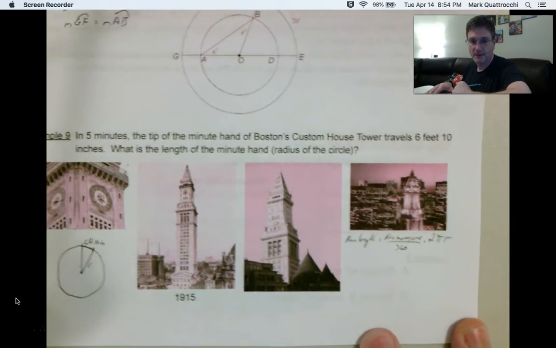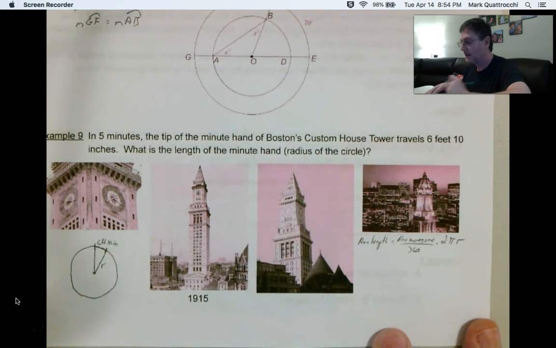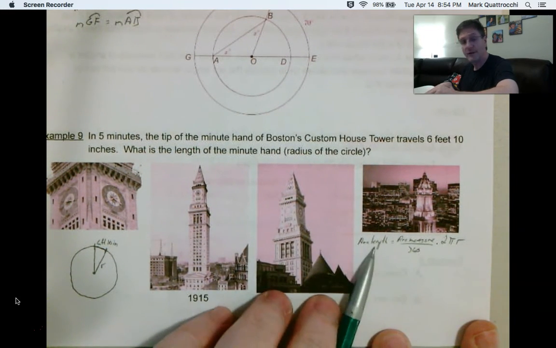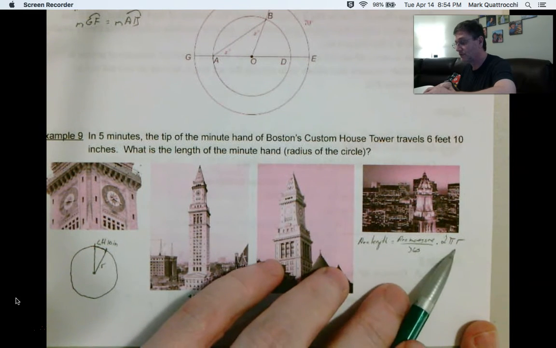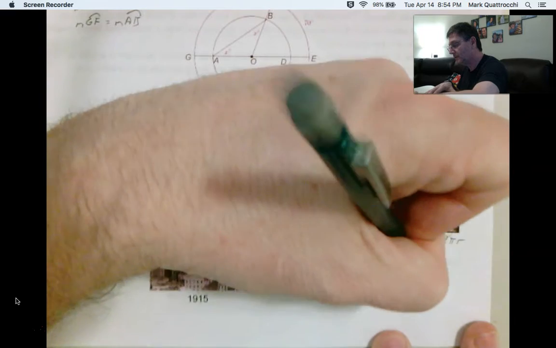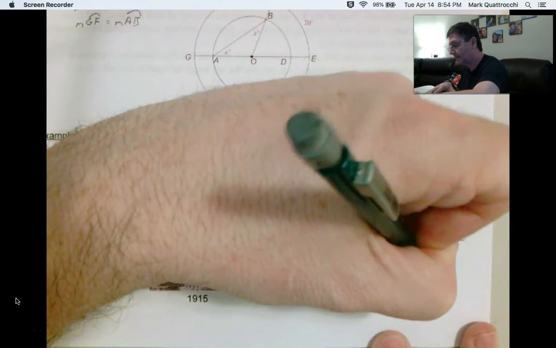Since we're looking for the radius, we're going to use 2 pi r. Okay, so we have to figure out what the arc measure is. We know what the arc length is, and we're going to have to solve for r. I'm going to do a little reducing first. 2 reduces the 360 down to a 180.